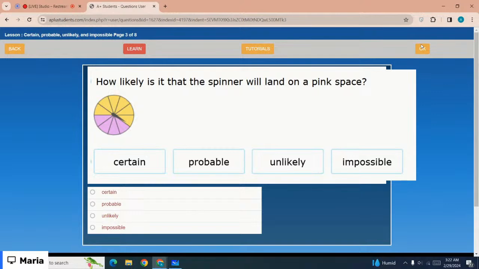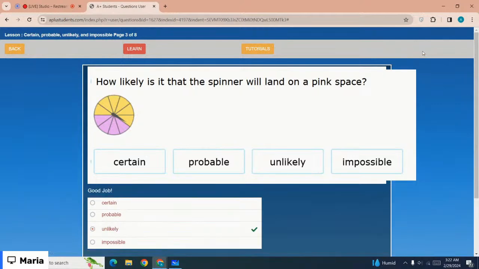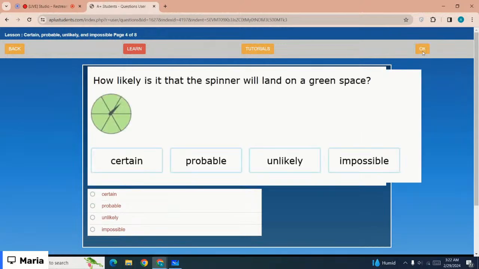Because you have less pink space than yellow. So it will be unlikely to land on pink. Got it? Yes, it is. For pink, it is unlikely because the one that has the smaller portion is unlikely, the one with the greater portion is probable.